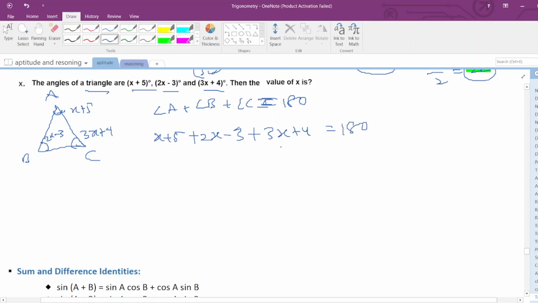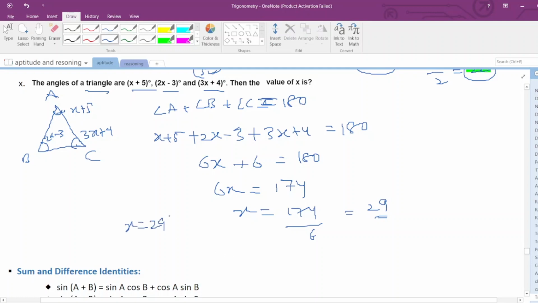So now x plus 2x plus 3x is 6x, plus 5 plus 4 is 9, 9 minus 3 is 6. Okay, 6x is equal to 180 minus 6, which is 174. So x is equal to 174 by 6. 6 2s are 12, 6 9s are 54. So the answer is x equal to 29 degrees. So that is the answer.